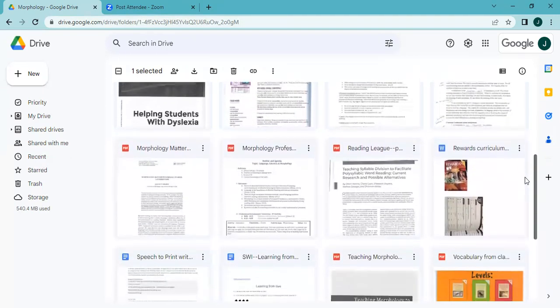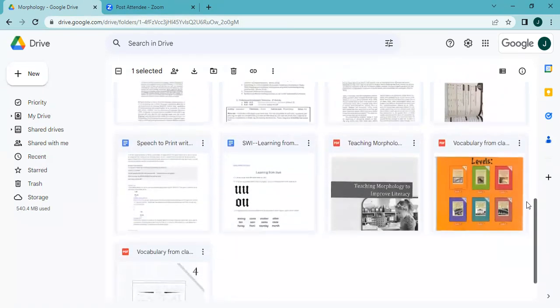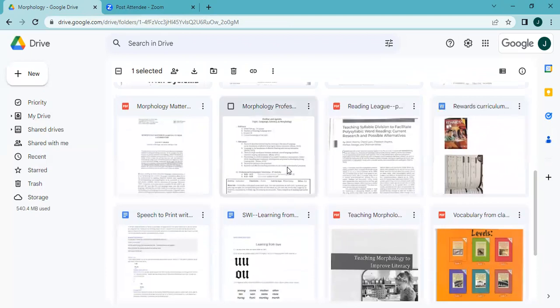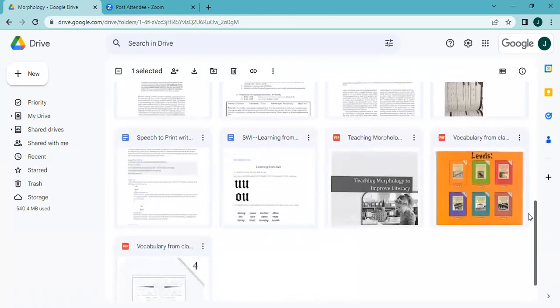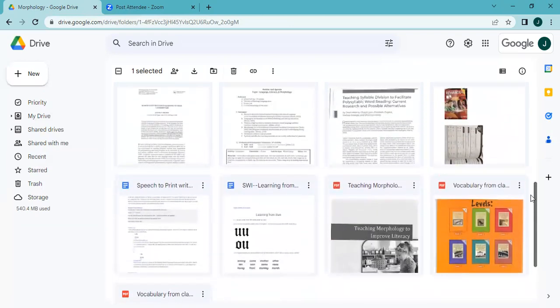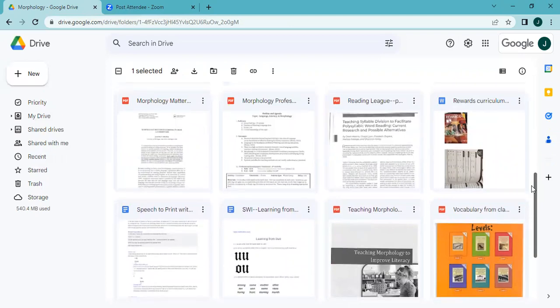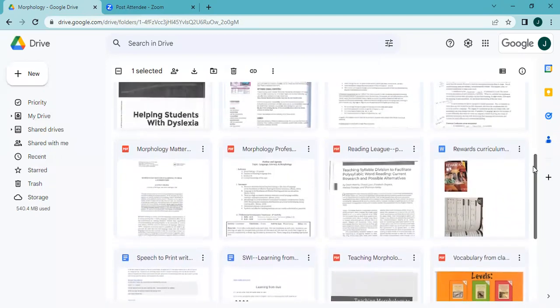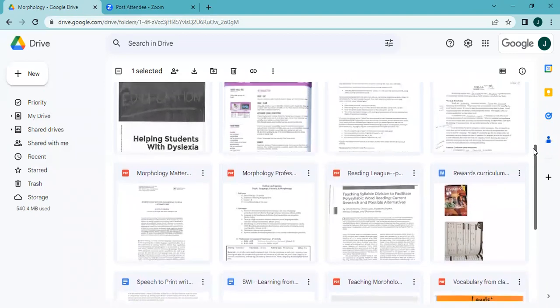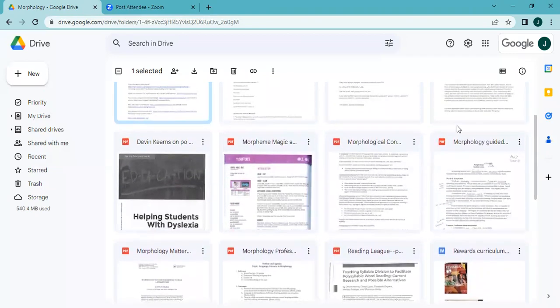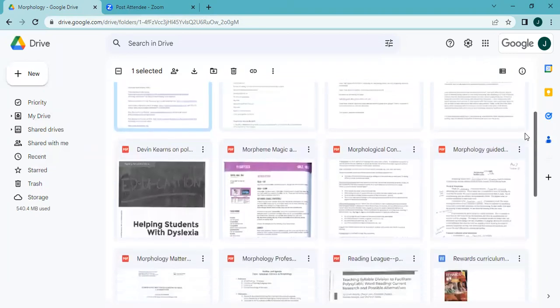And then I have some various articles that have to do with morphology. And then there's a morphology professional development plan that was handed out to us as an example of a professional development plan when we had to do one. And then I did mine on syntax and semantics, and that's in the syntax and semantics. This is a sample here.